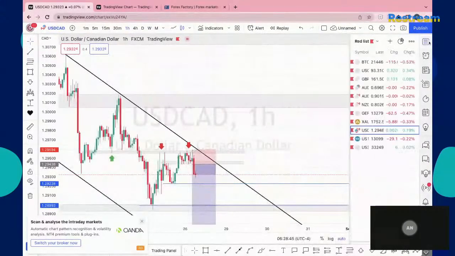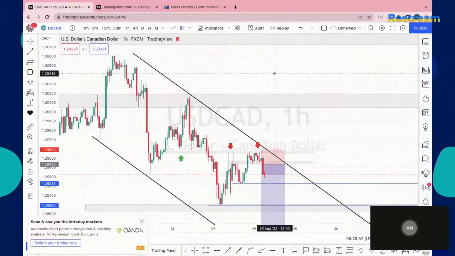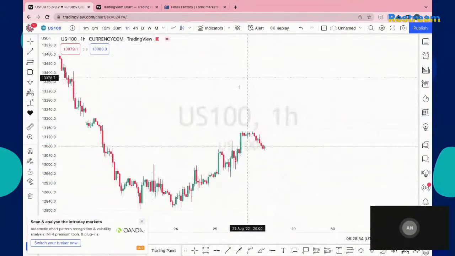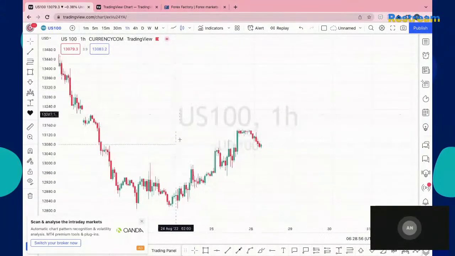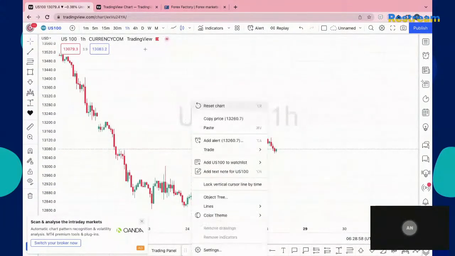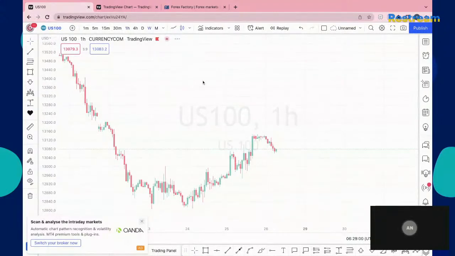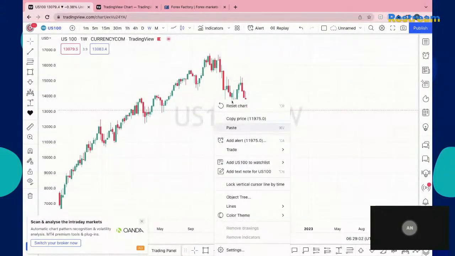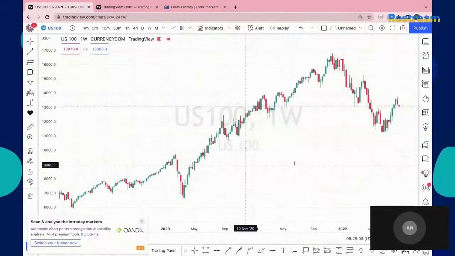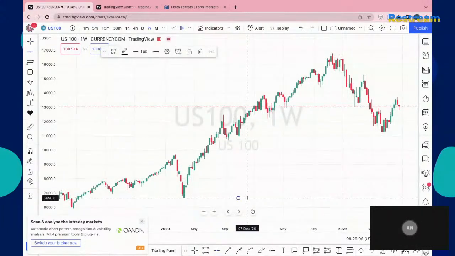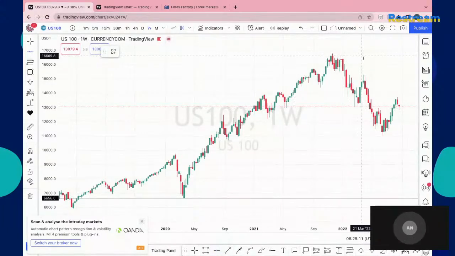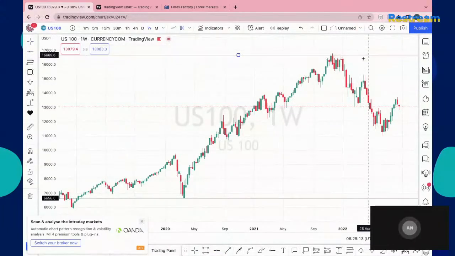US 30, you know. I'm gonna start with US 100, bro. I'm just gonna break this down because I have to go around. Okay, you're trying US 100. Yeah, US 100, then I'll end with US 30. So major zones, right? US 100 major zones.